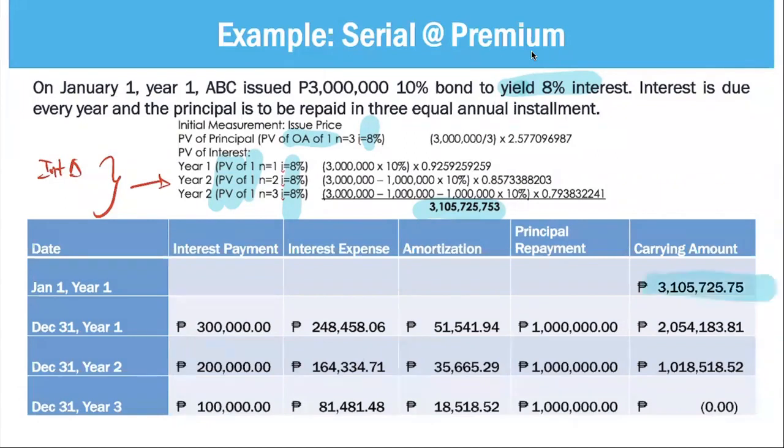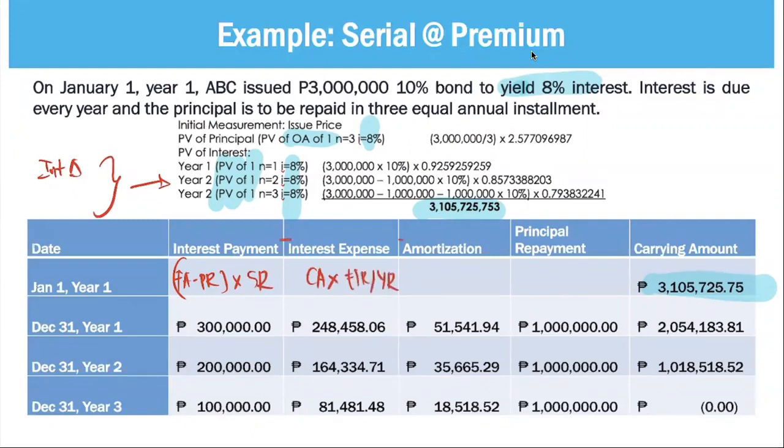We amortize that again. So to amortize that, we have your carrying amount. Your interest payment is equal to, again, face amount less any principal repayment times your stated rate. Your interest expense is equal to your carrying amount multiplied by your effective interest rate or your yield rate.